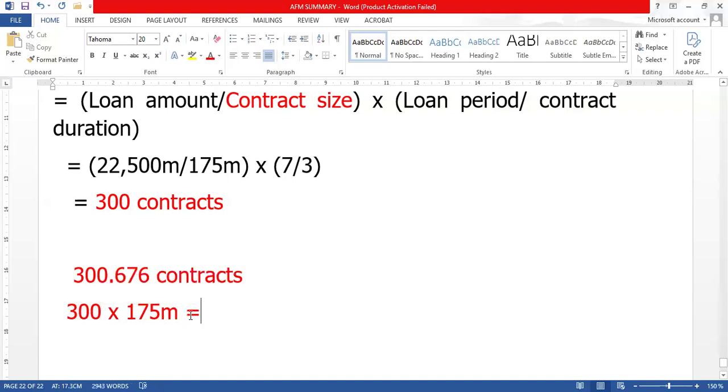What do you get? 52,500 million. 300 times 175. Then times 3 out of 7, rather 7 out of 3, what do you get?